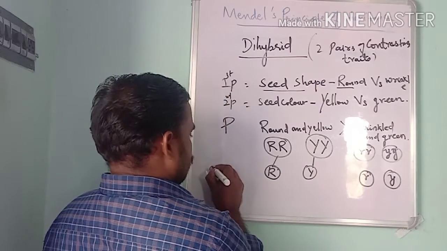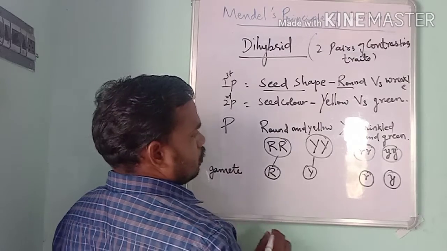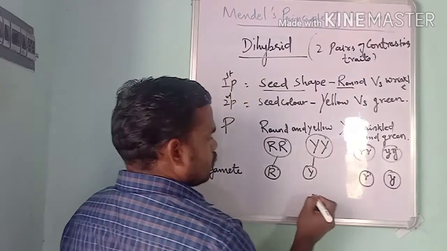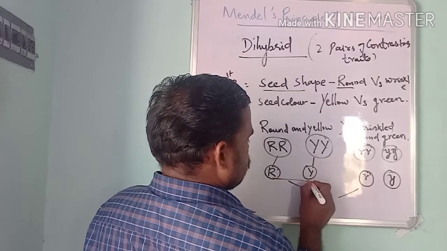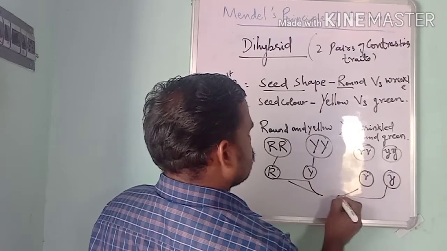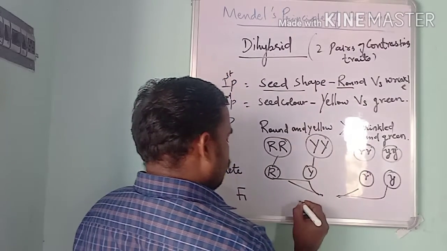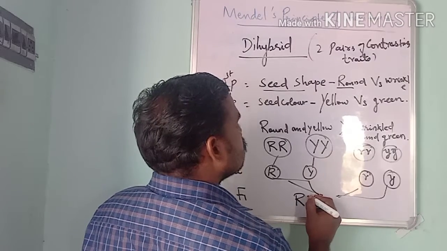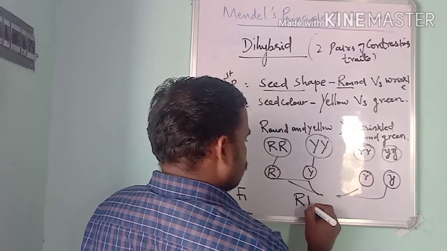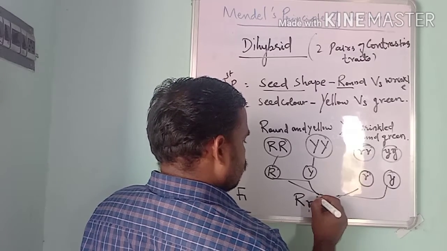Cross pollination is done. The F1 hybrid, the F1 progeny, will be round and yellow color seed.